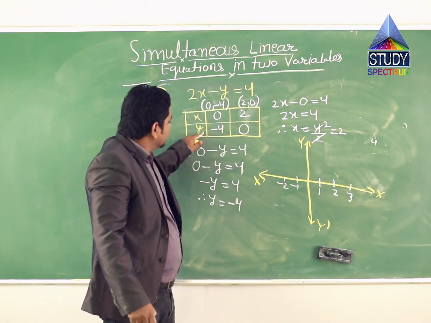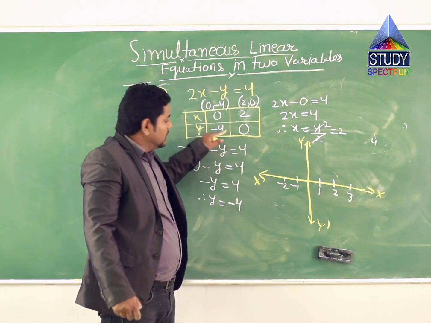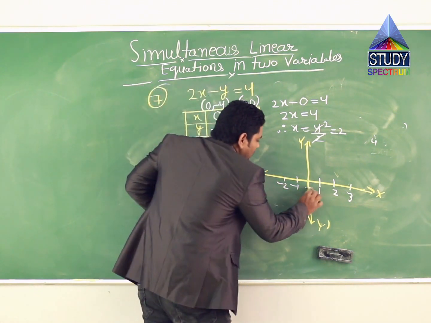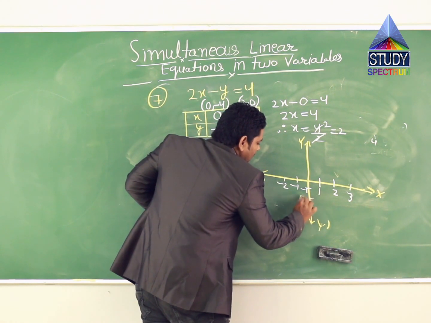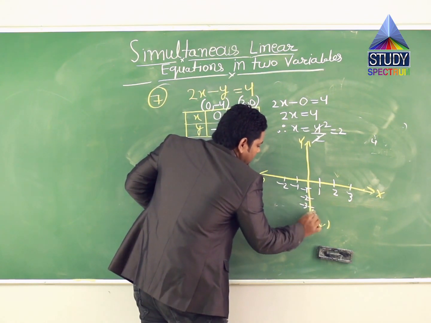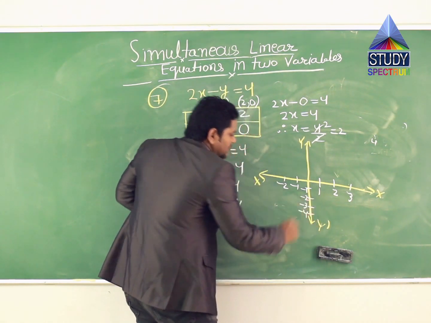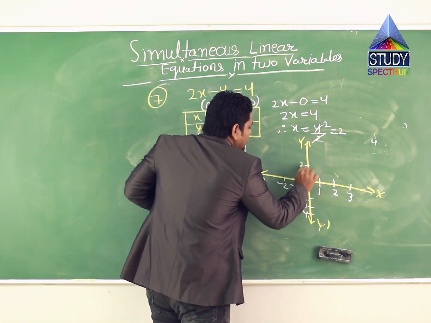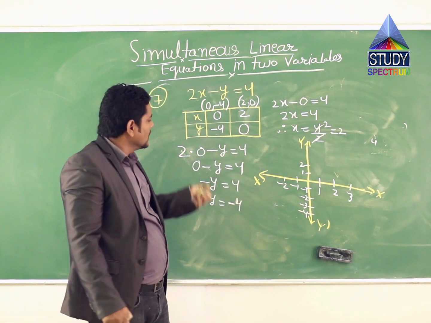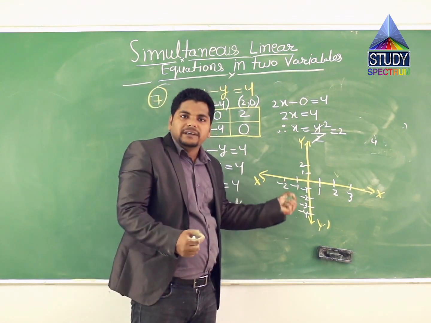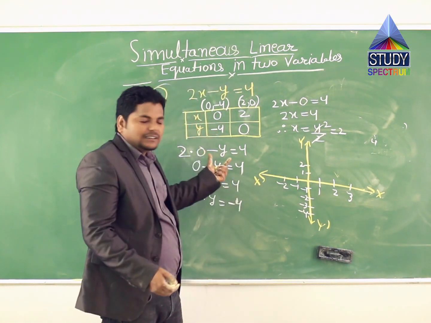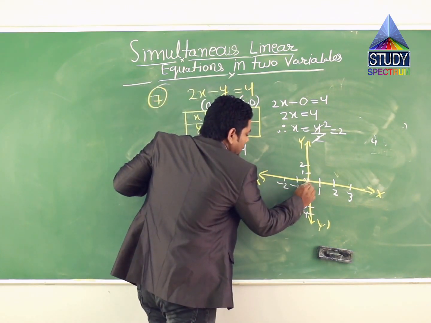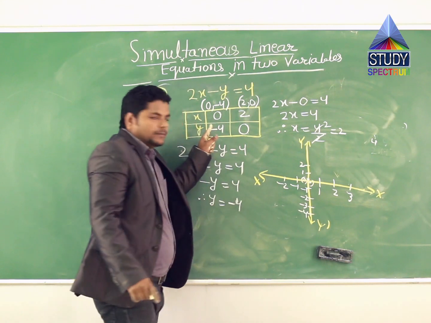And in the negative y direction we have reached negative 4. It means we'll show here minus 1, minus 2, minus 3, minus 4, and suppose we have shown here 1 and 2. Now we will get the points where they are. So this is 0, 0.